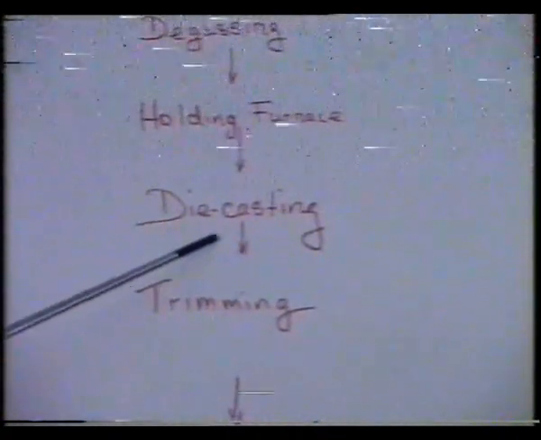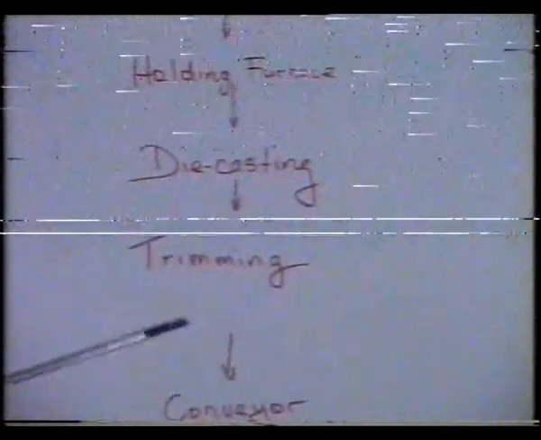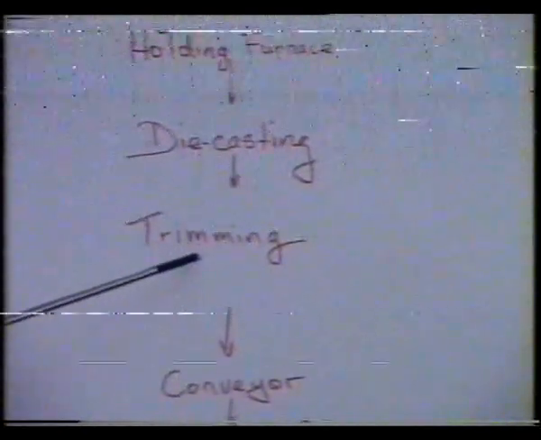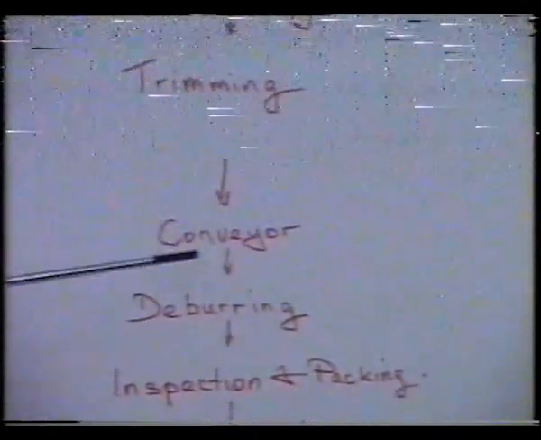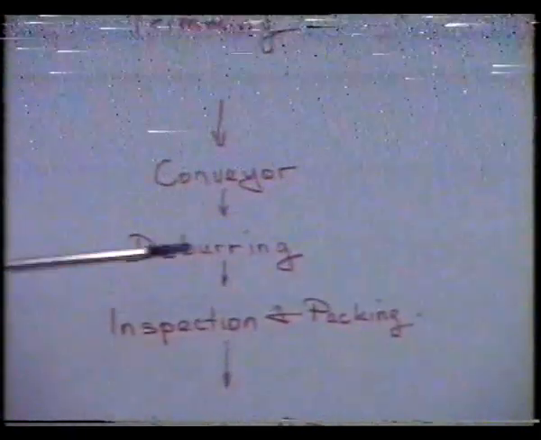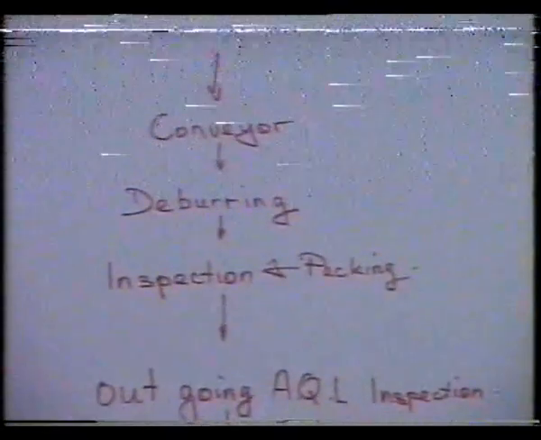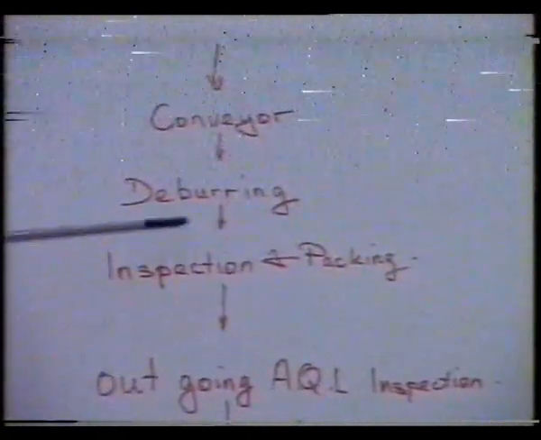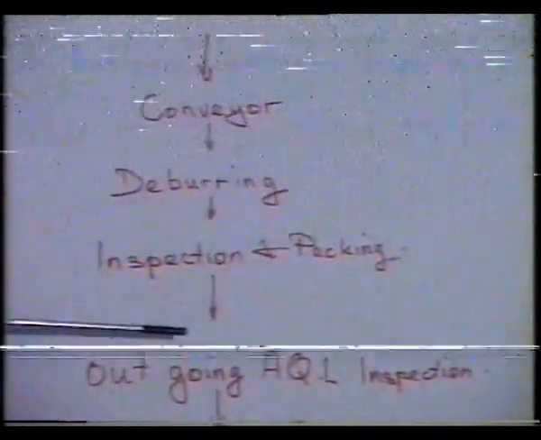Die casting, trimming is in one whole machine. After trimming, it drops into a conveyor. The conveyor will convey it into a deburring unit. There is a vibrating unit. After that, it comes out from the dryer itself.